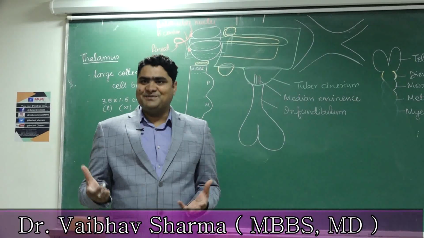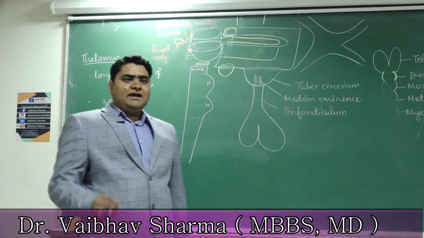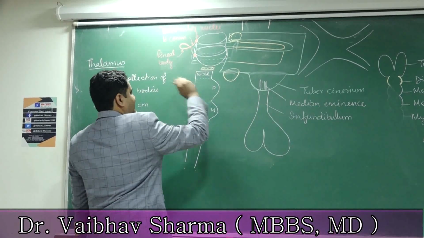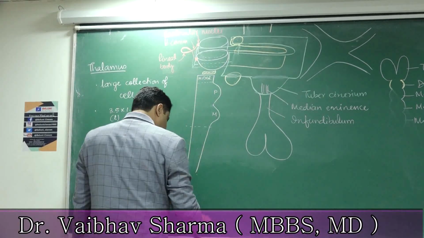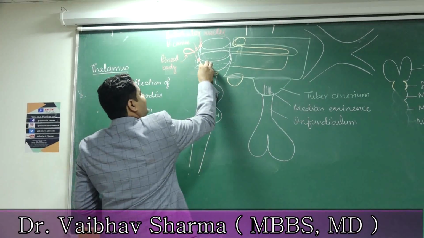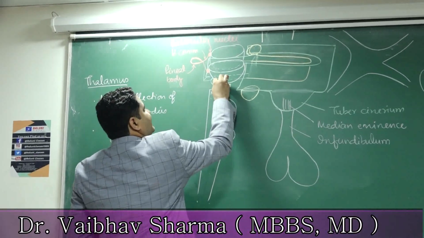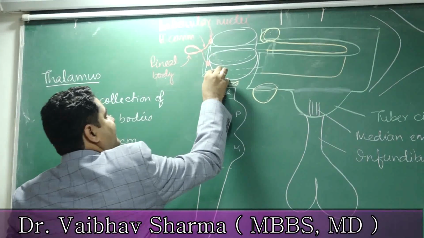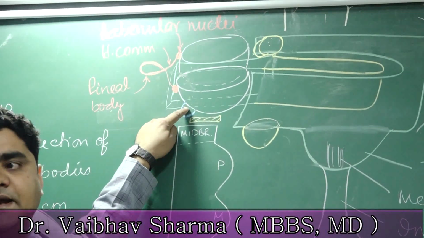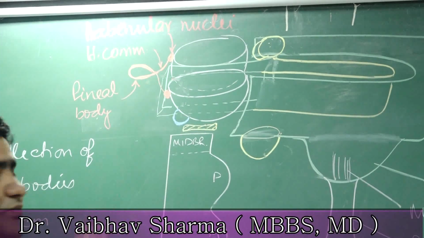Now, what is metathalamus? See, metathalamus here in thalamus laterally we have a large nucleus attached, a large body attached, and this is called as lateral geniculate body.